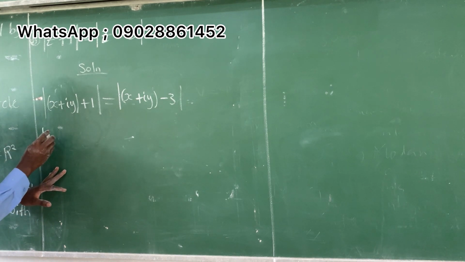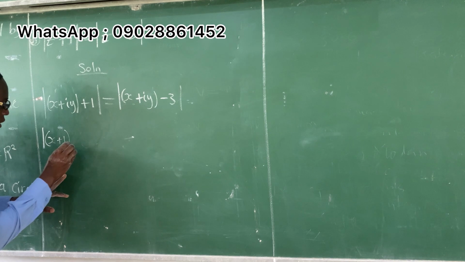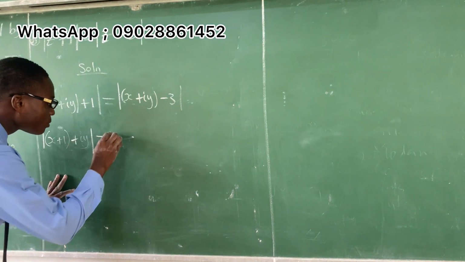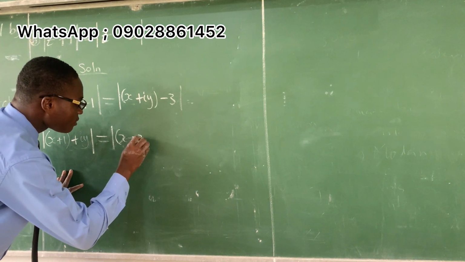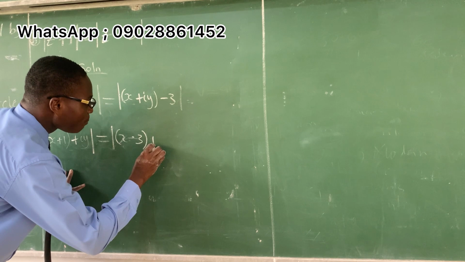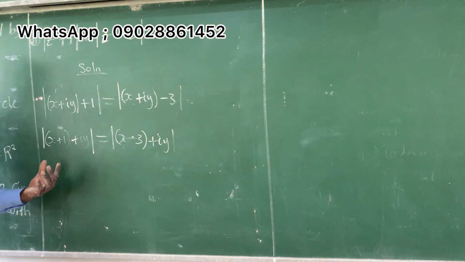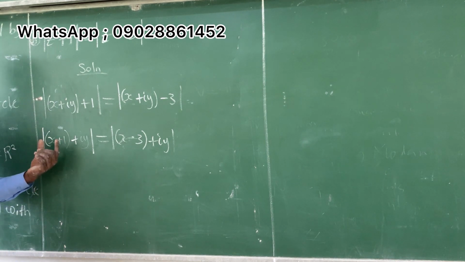So this means that we are going to have x plus 1 plus iy equal to the magnitude of x minus 3 plus iy. So also, to simplify this magnitude, we are simply going to take the square root of the squares of the real and imaginary parts.